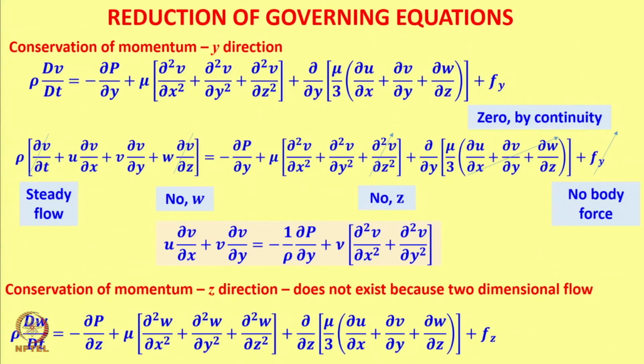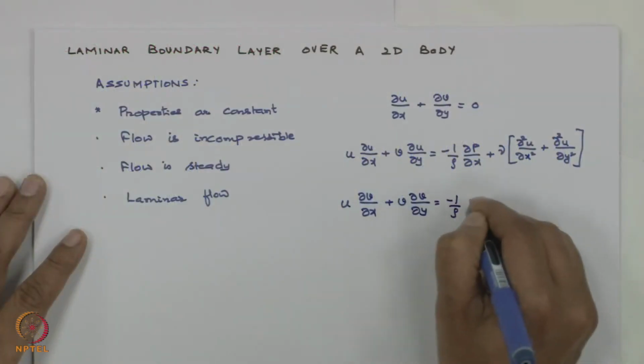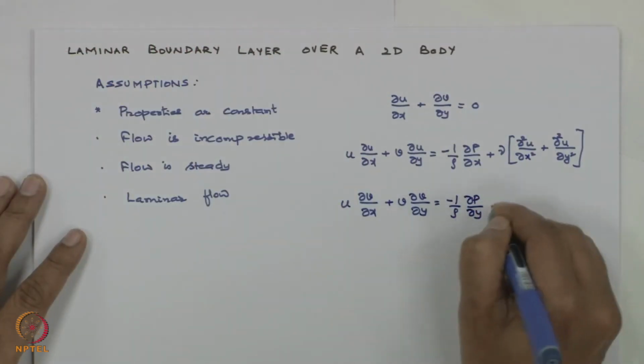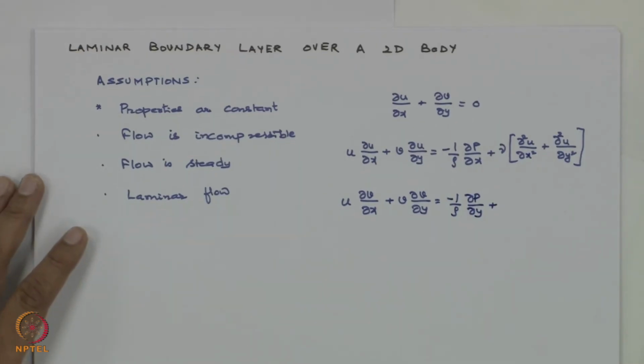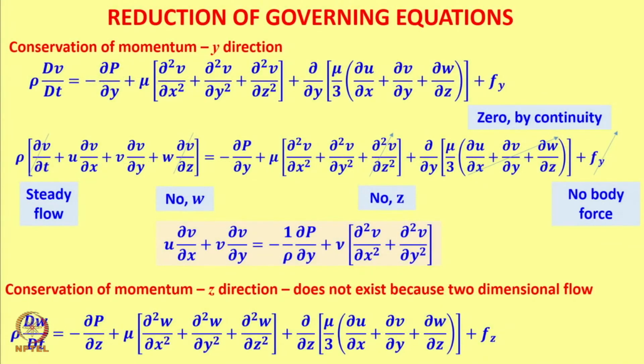So, you have del V by del T equal to 0 because it is steady flow, and W is 0. On the left hand side you get U del V by del X plus V del V by del Y, and the pressure term minus 1 by rho del P by del Y. With the same arguments as earlier, del squared V by del Z squared would be 0, and by the continuity equation this whole term is 0, and Fy is 0.